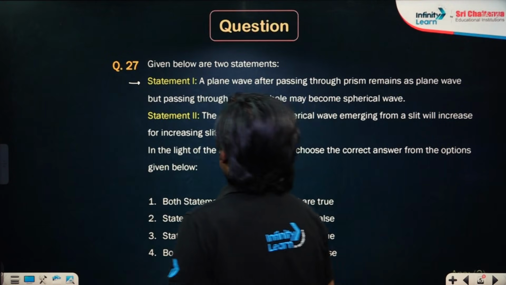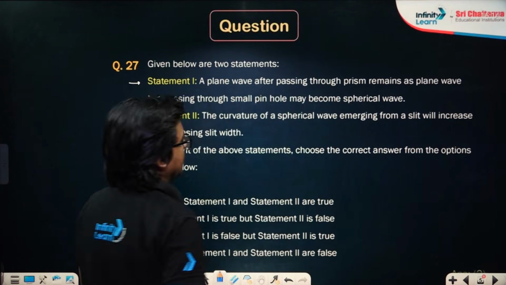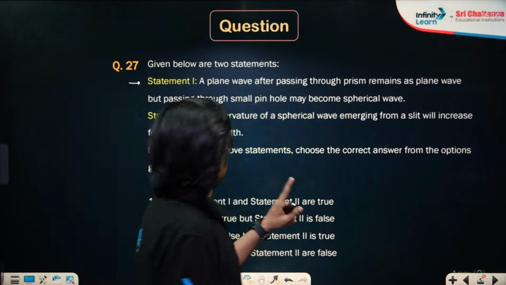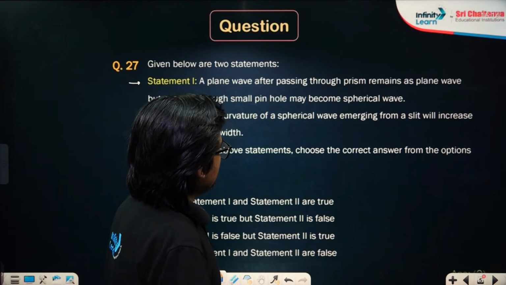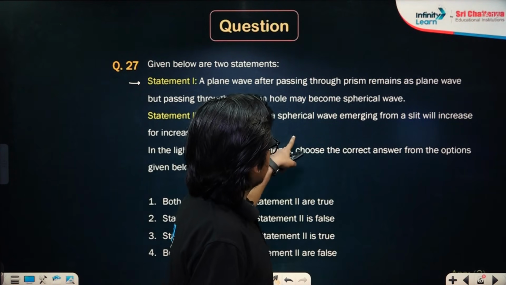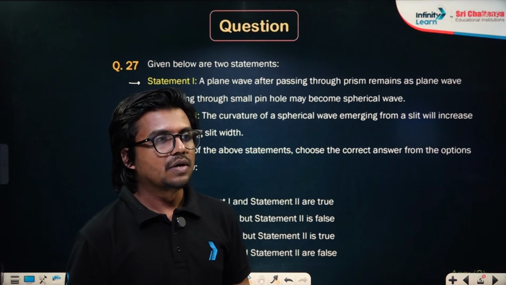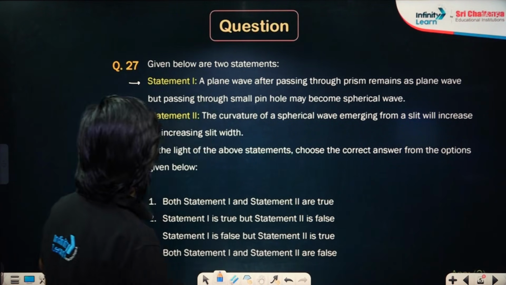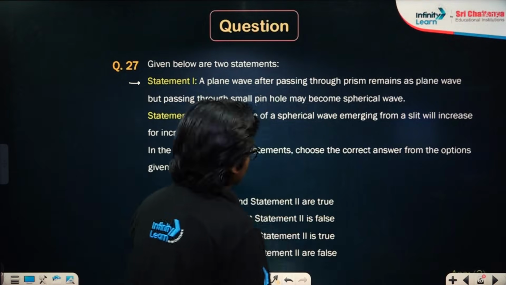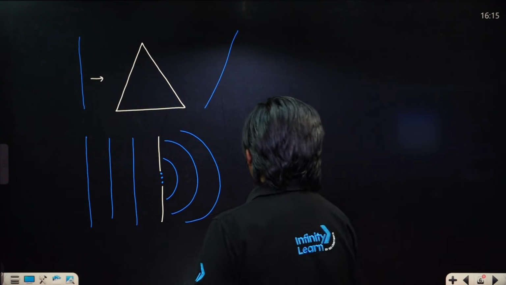Statement 2, the curvature of a spherical wave emerging from a slit will increase for increasing slit width. What will happen if you increase the slit width?